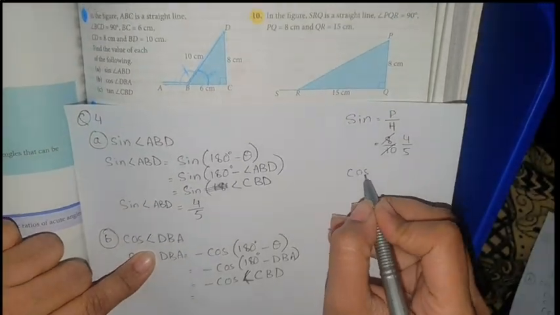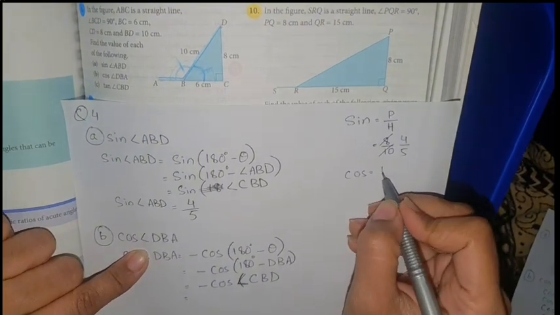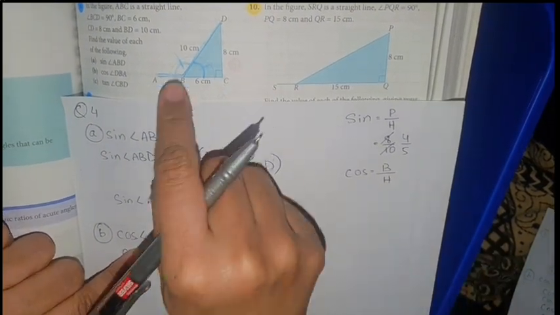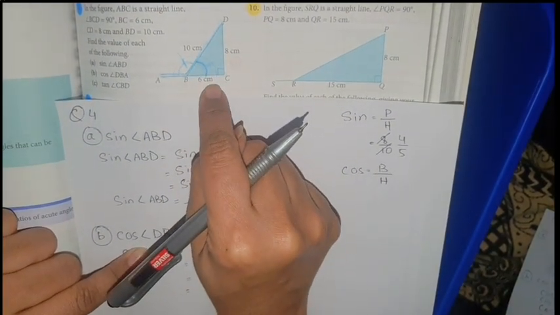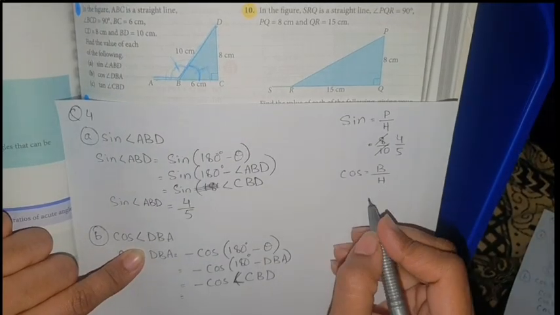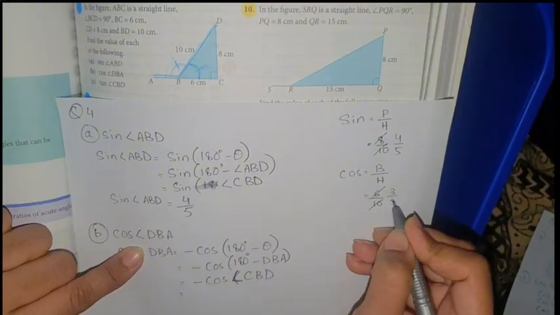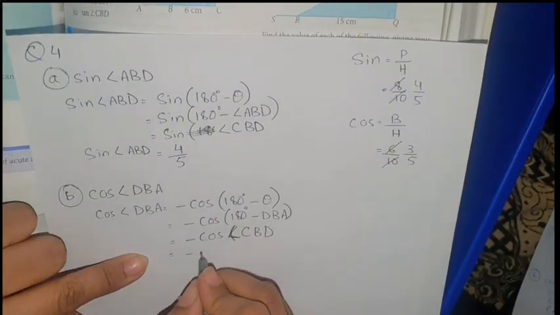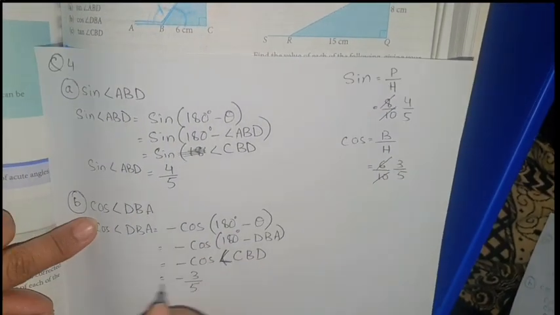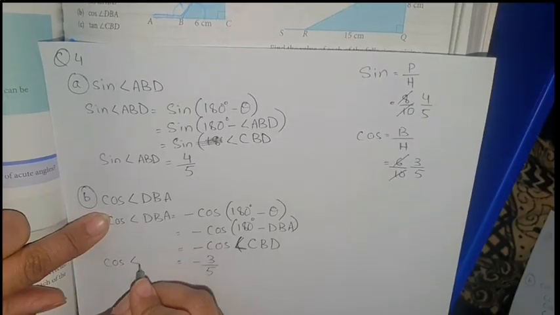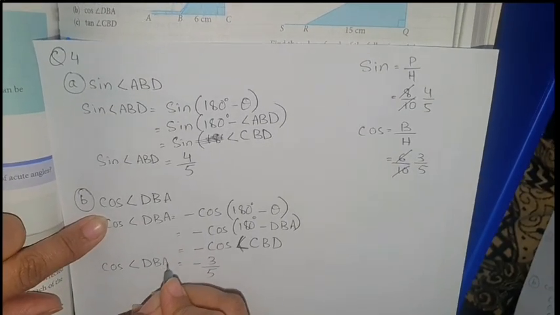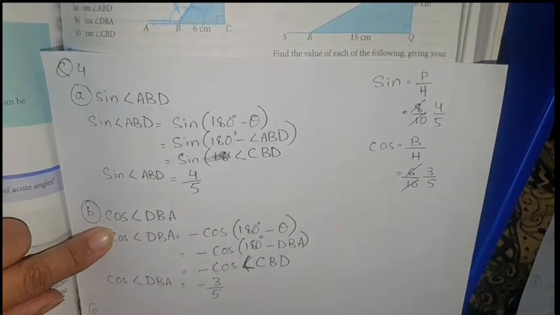The trigonometric ratio for cos is base upon hypotenuse. For this angle, this would be the base, so 6 upon 10 will be the value, and if we simplify, we get 3 upon 5. So minus 3 upon 5 is the value of cos angle DBA.